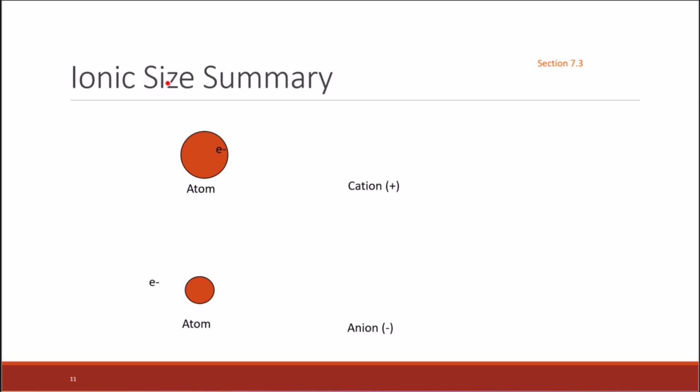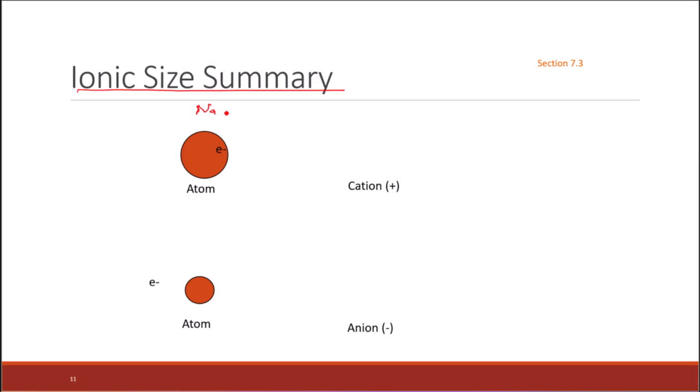All right, so let's take a look at ionic size summary. It's going to be different for cations and anions. You remember cations are elements that have lost electrons, so they have a positive charge. They have more protons than they do electrons. Let's just go ahead and think of this as sodium.